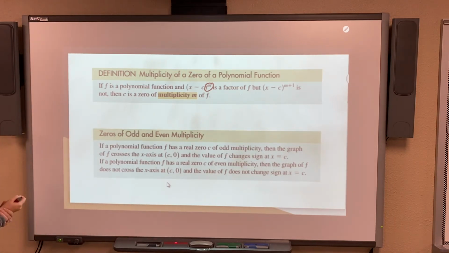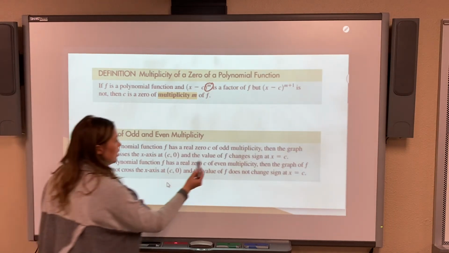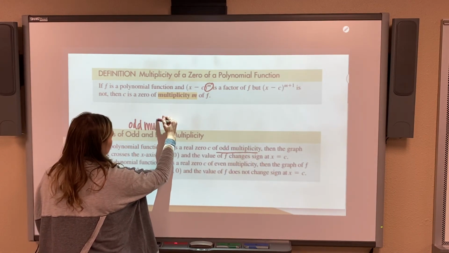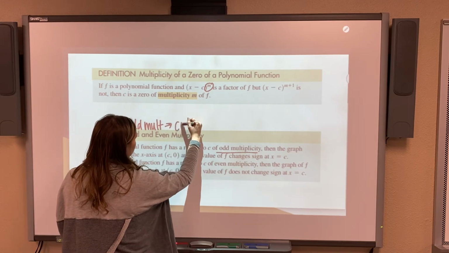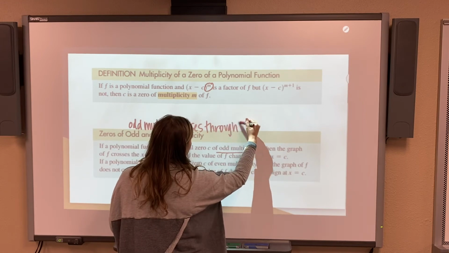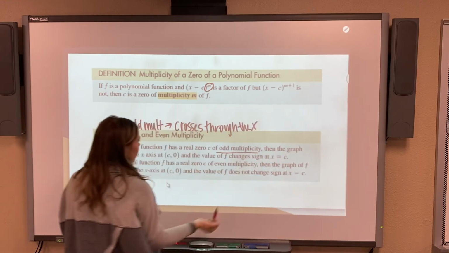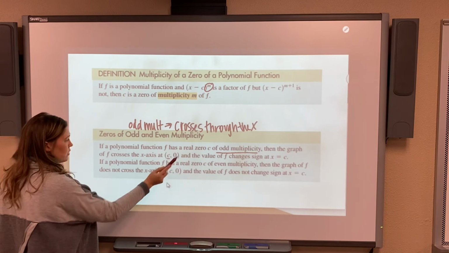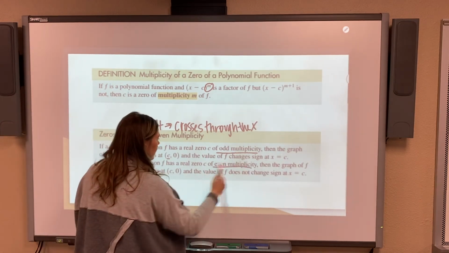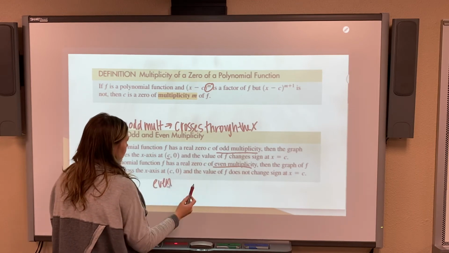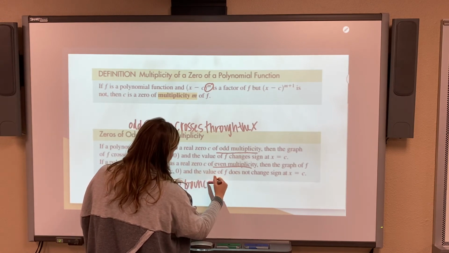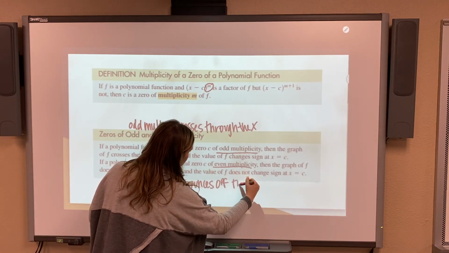And so if we have a polynomial function f of odd multiplicity, that means it crosses through the x-axis at that zero. And then if you have a polynomial of even multiplicity, it bounces off that zero. Bounces off the x-axis.